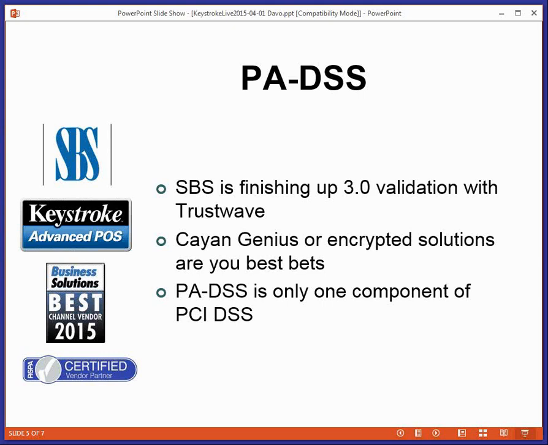Remember, the Cayenne Genius or the end-to-end encrypted solutions really secure the data, and that's what it's all about in the end: having secure data and using those as your best bet to secure data.